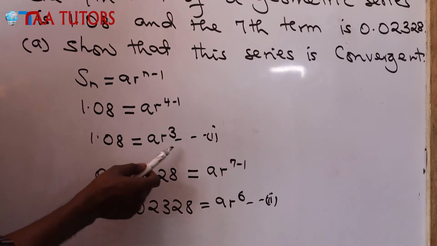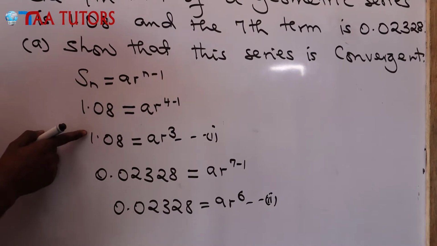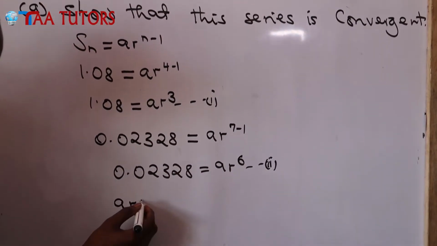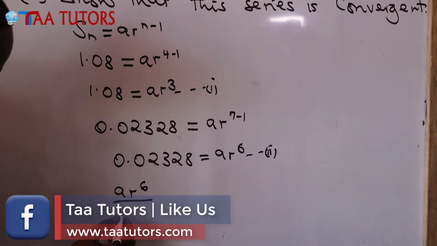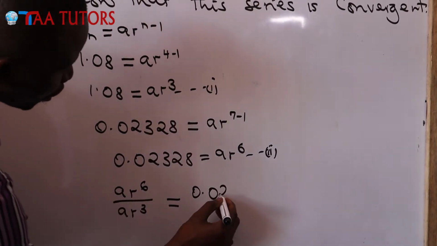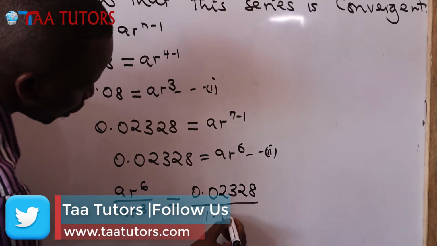We can get A from here, or A and r. So what we are going to do is take this equation, A r to the power 6 divided by A r cubed, and I should get 0.02328 divided by 1.08.